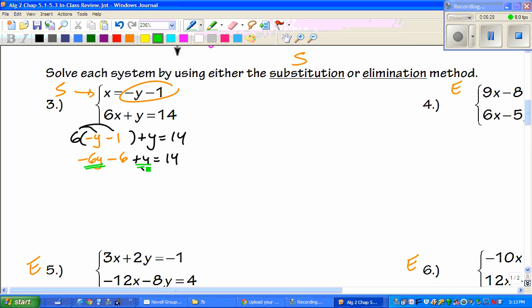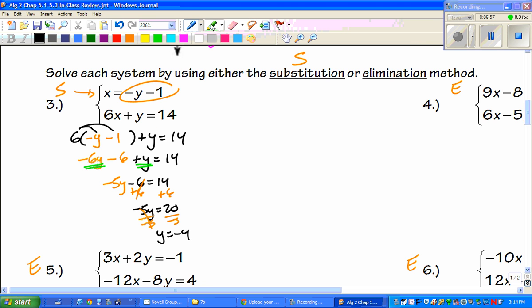The next step would be to combine your like terms, which gives you negative 5y minus 6 equals 14. Now the y is not by itself yet, so you have to add 6 to both sides. Negative 5y equals 20. Divide both sides by negative 5.